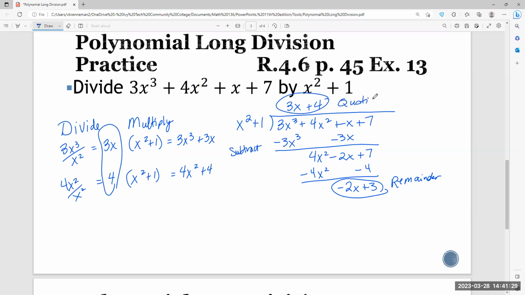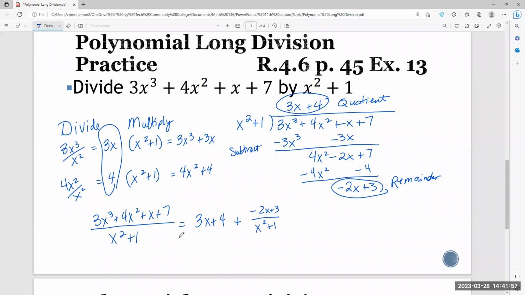And so what this means is 3x cubed plus 4x squared plus x plus 7 divided by x squared plus 1 equals, well, there's 3x plus 4, but then there was still the negative 2x plus 3 that we couldn't really do the division with. So that still would be over x squared plus 1.